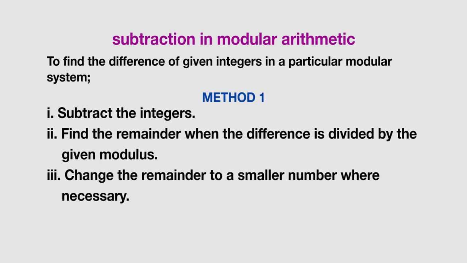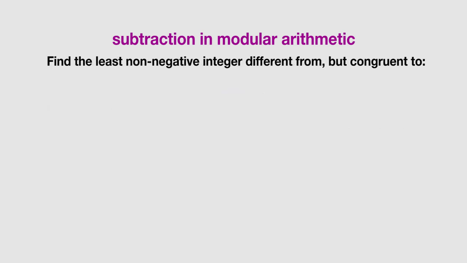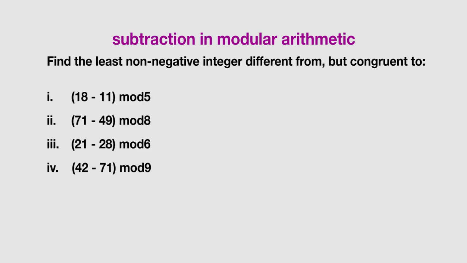So let's look at some examples on that as well. Find the least non-negative integer congruent to: 1, 18 minus 11 mod 5. 2, 71 minus 49 mod 8. 3, 21 minus 28 mod 6.